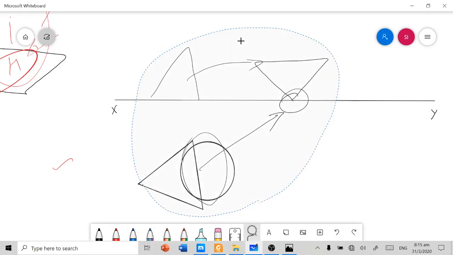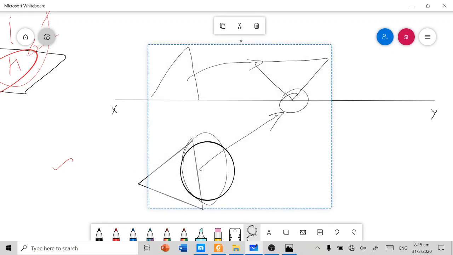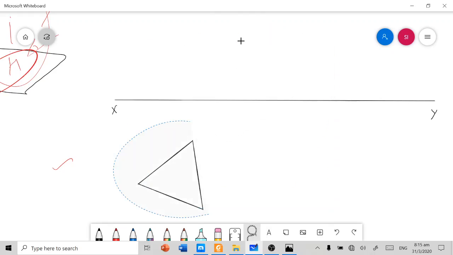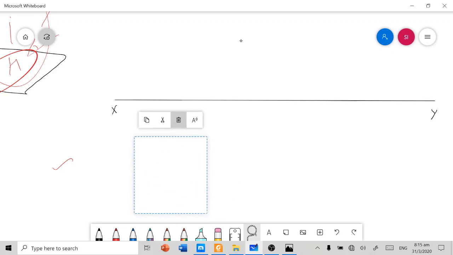So for this alignment, you need to draw the base view of your tetrahedron. Let me draw this.